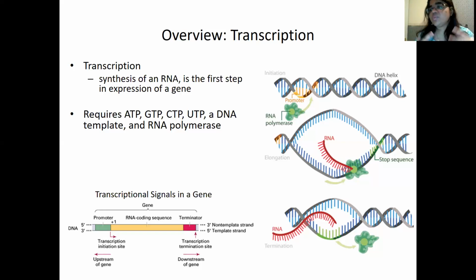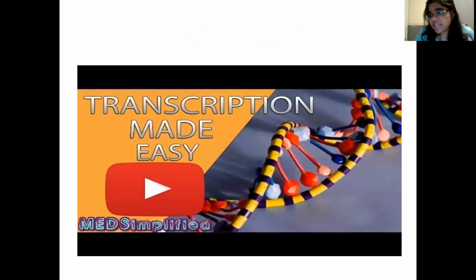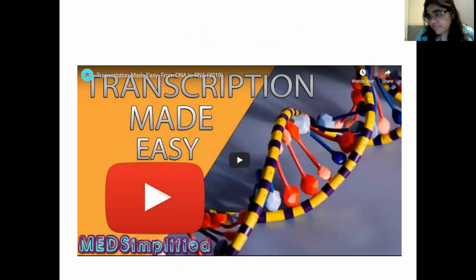That just means we are making a polymer of RNA, okay? There are key differences between eukaryotic and prokaryotic transcription. But before I get into that, I'm going to show you guys a video on transcription and how it occurs in a general sense. And then we'll go into more of the differences, okay?